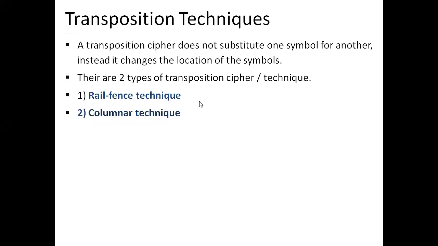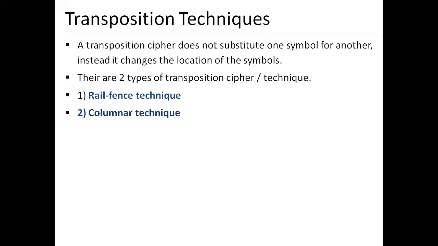The rail fence is similar to a fencing, in which on a wall or nearby a rail track, the government lays a fencing for non-interruption of people on the rail track.